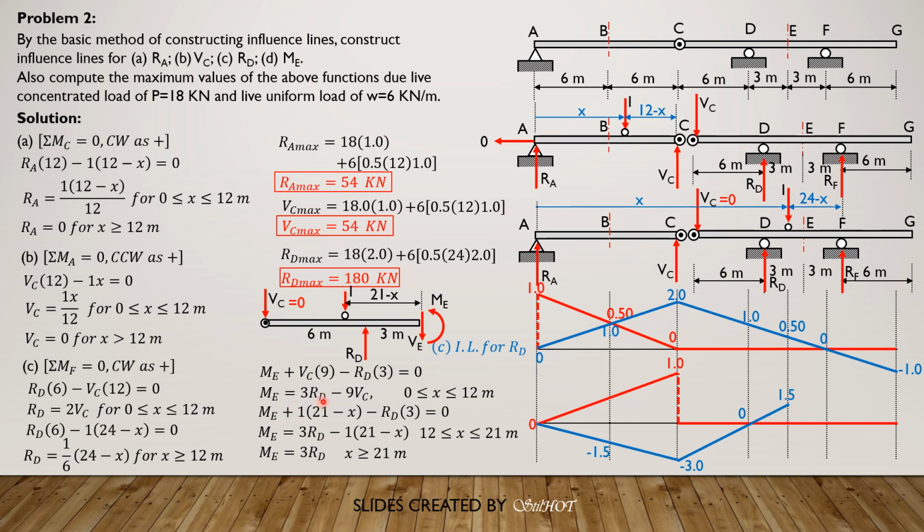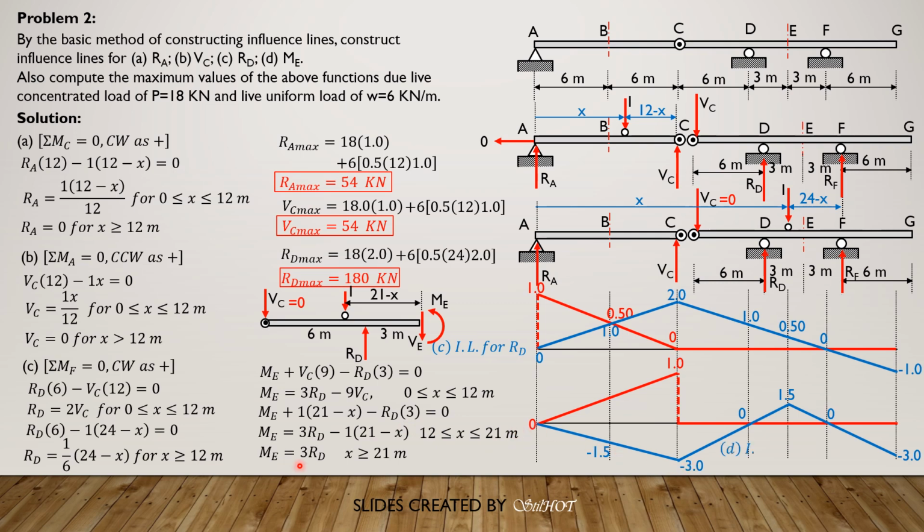So 3 times 1 minus 9 times V sub C. V sub C is 0.5. So 3 times 1 minus 9 times 0.5 is negative 1.5. Negative 1.5 here. When x is 12, RD is 2. 3 times 2 is 6, minus 9 times V sub C. V sub C is 1. So 6 minus 9 times 1 is negative 3. So 0, negative 1.5, negative 3 here.